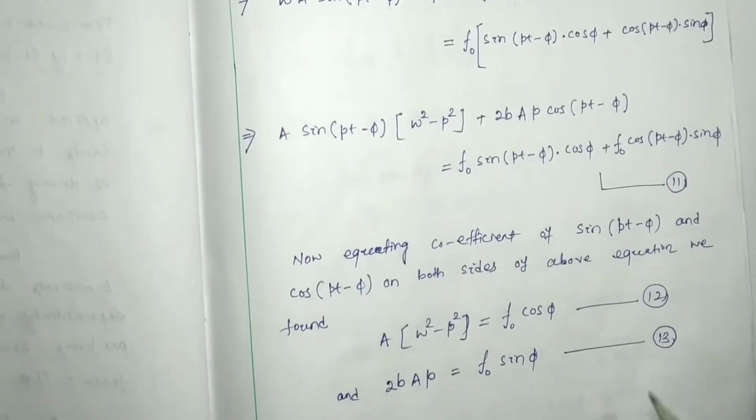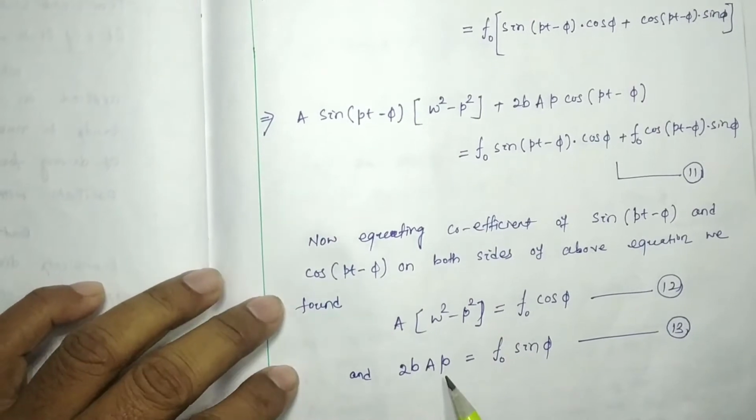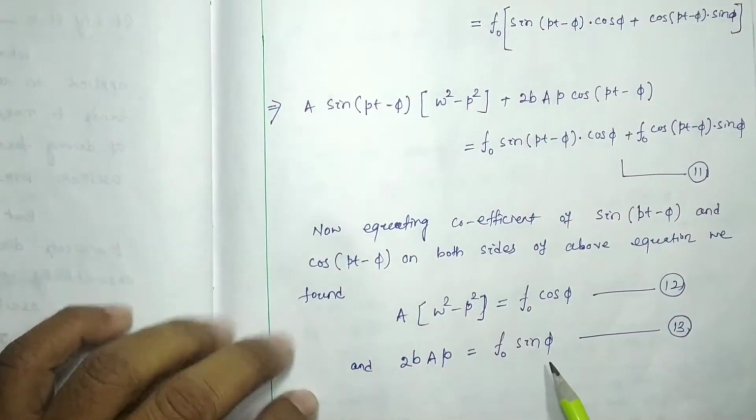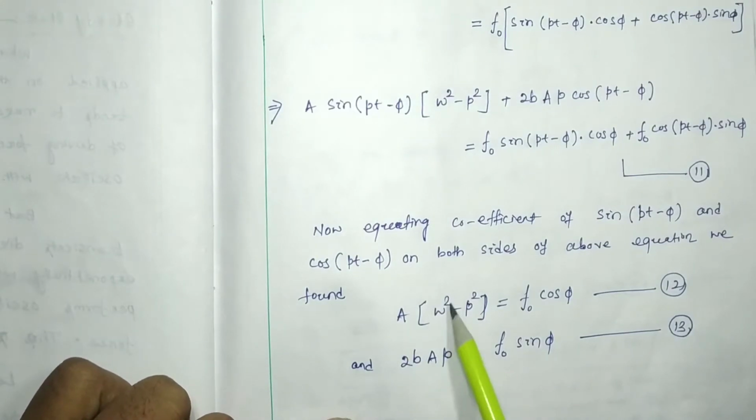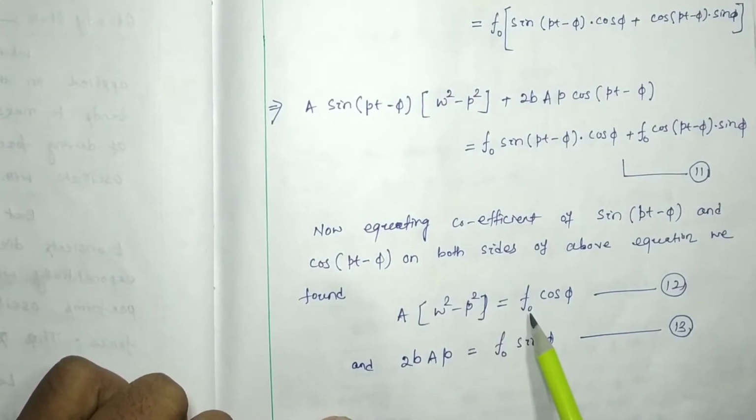This is equation 13, that is 2bAp equal to F0 sine phi, and this is A into omega square minus p square equal to F0 cos phi.